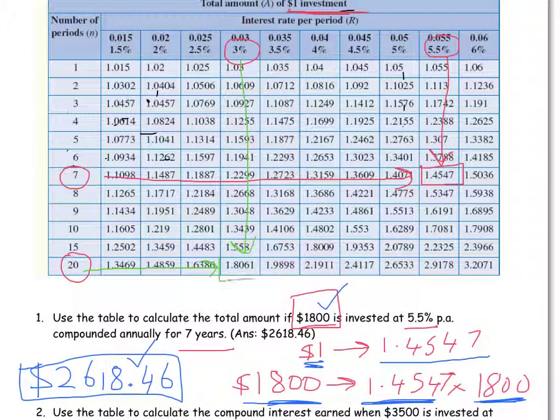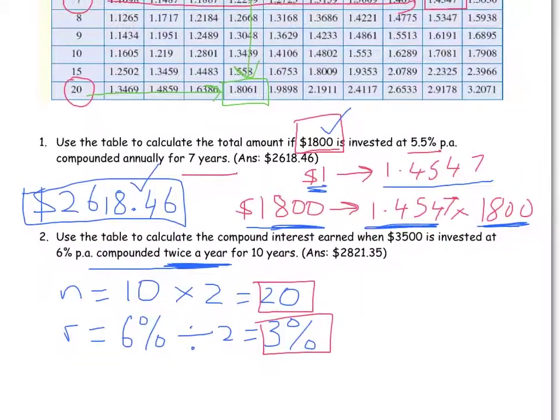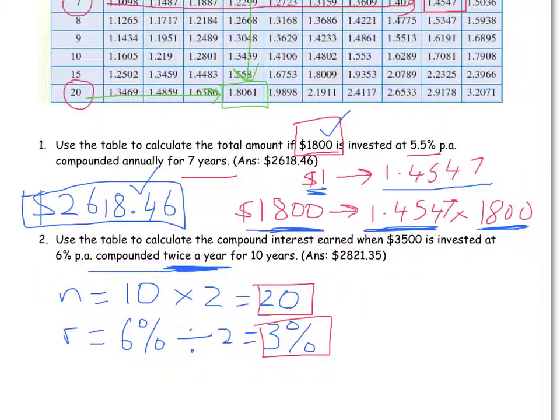So this is the number that I get from the table, 1.8061. Right, so let's move back up again. The magic number from the table tells us that $1 will grow to 1.8061.